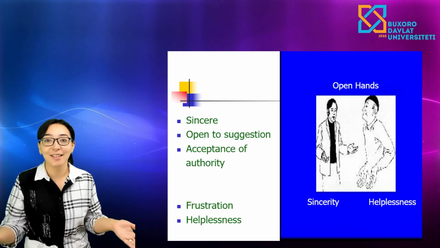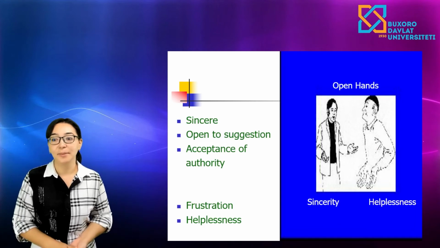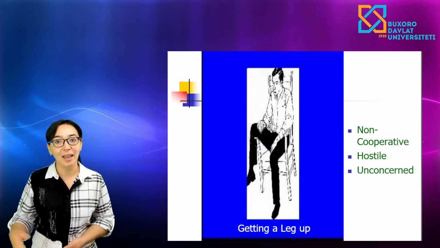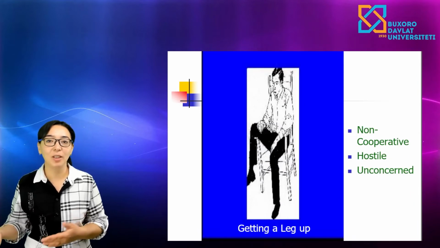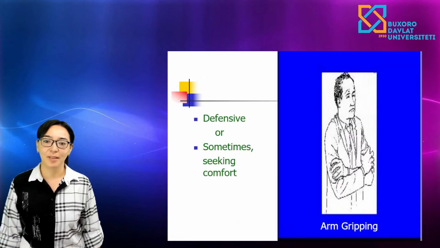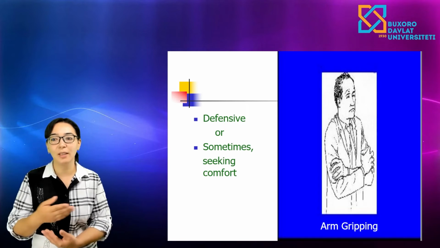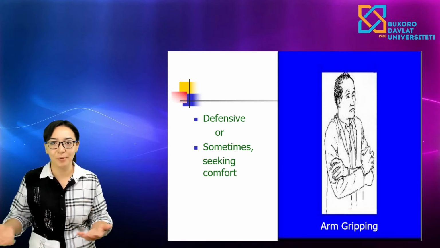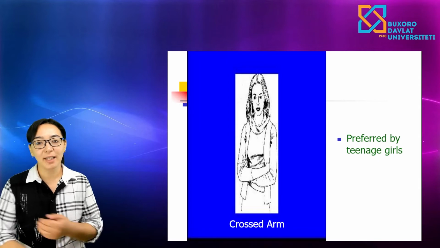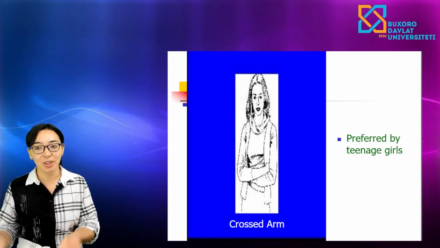Open hands show both sincerity and helplessness. Getting a leg up means being non-cooperative, hostile, or unconcerned. Arm gripping refers to being defensive, sometimes seeking comfort. Crossed arms: this kind of body language is mostly preferred by teenage girls.